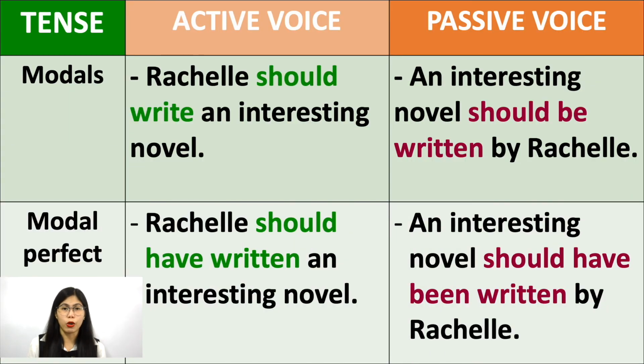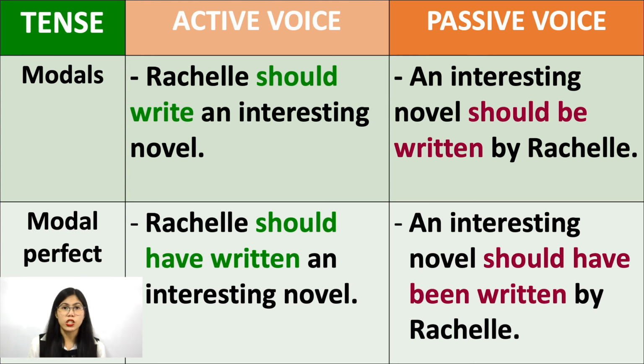How about if in the active voice we use modals or modal verbs, such as Rachel should write an interesting novel? The modal verb used here is should. If this is the case, you may write your passive voice sentence this way. An interesting novel should be written by Rachel.